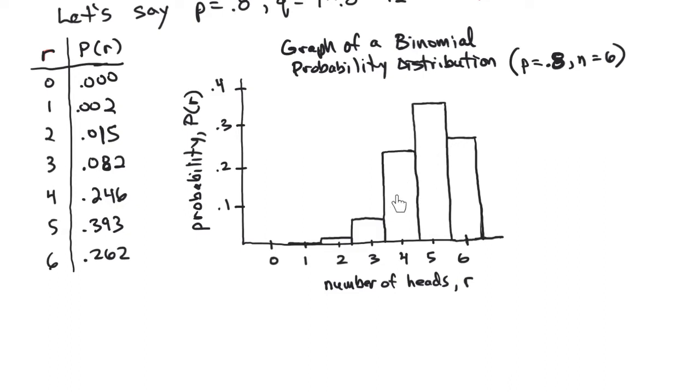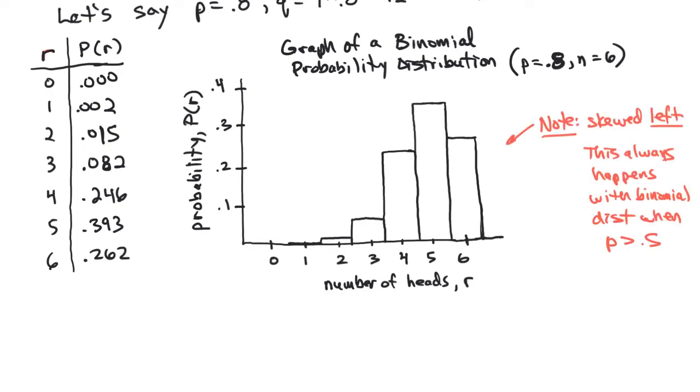So the little note here just mentions that this is skewed left, and this always happens with a binomial distribution when p is greater than 0.5. The probability of success is more than half, so you're going to have the bulk of your probabilities over here in the high end.